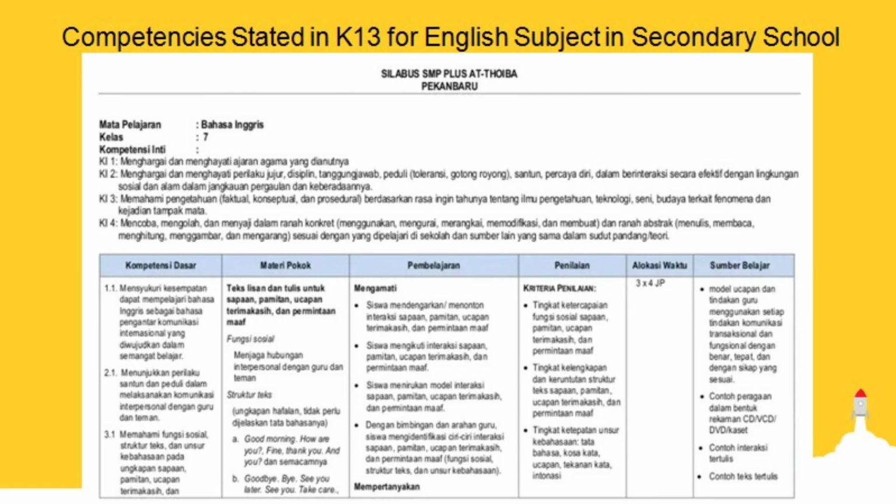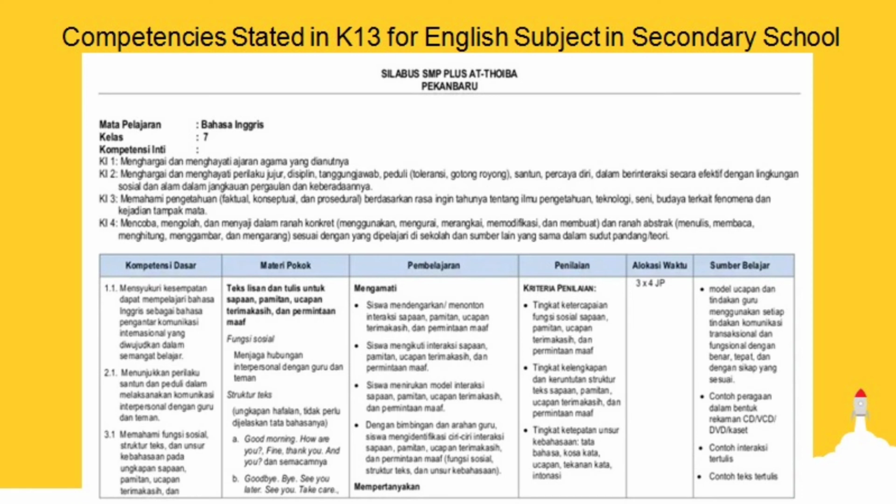Here I only give an example of one part of the core competencies and basic competencies that use the curriculum 2013. In the core competencies, first, we must respect our religion and others' religion.